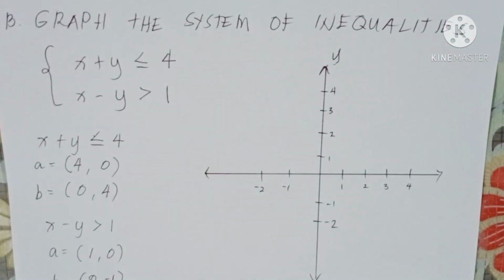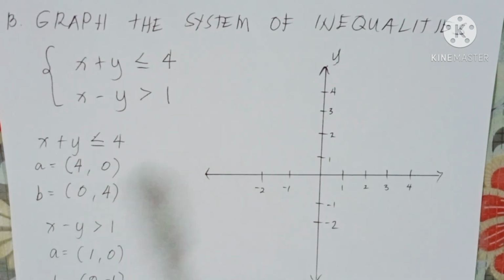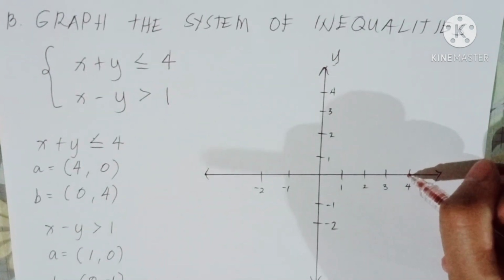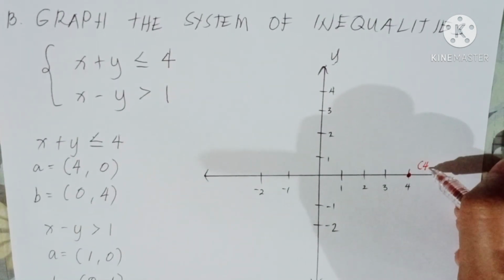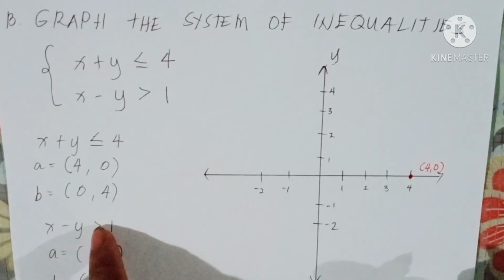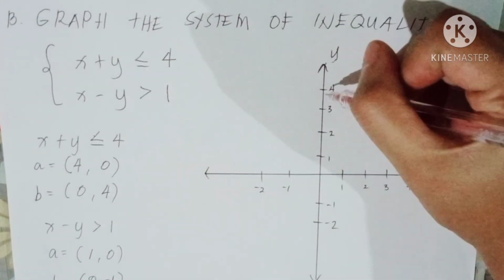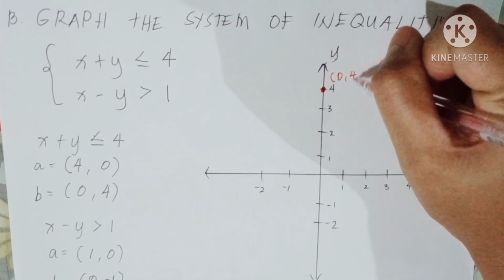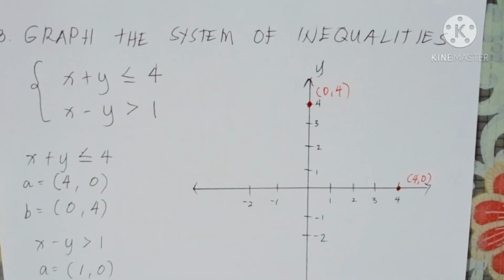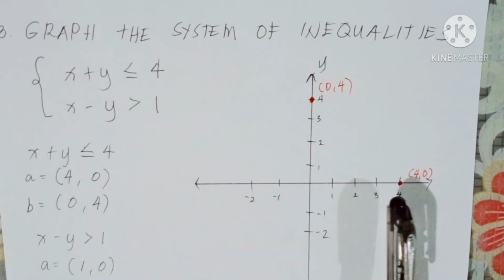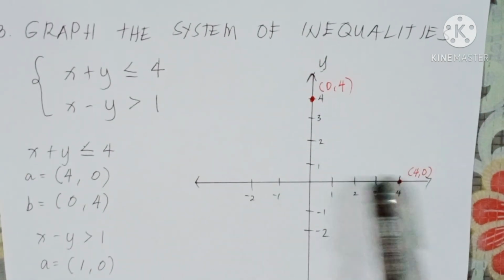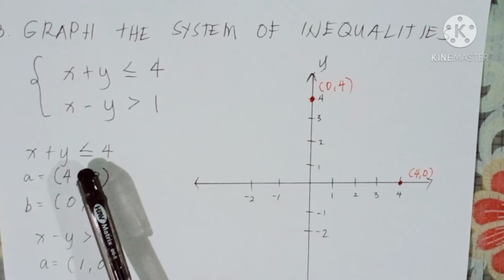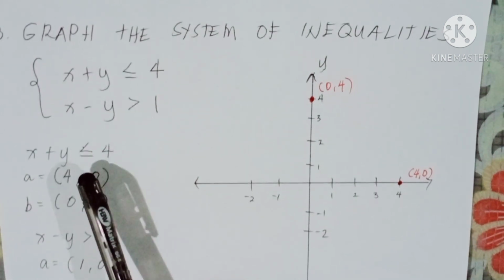Okay, now we're going to plot 4, 0. So 4, 0 is here. And then we have 0, 4. So 0, 4 is here. Then we connect the points. Okay, before we connect the points, we check that this is less than or equal.